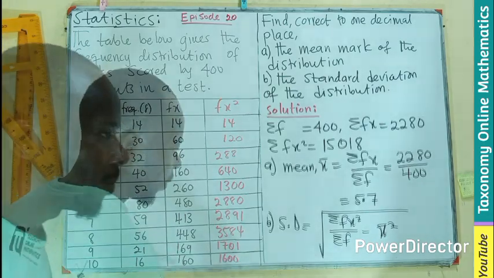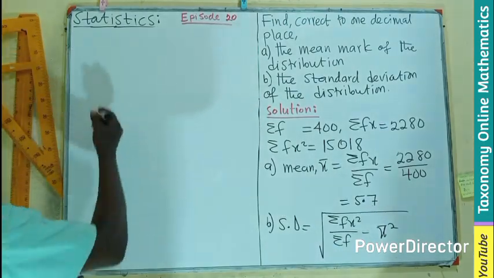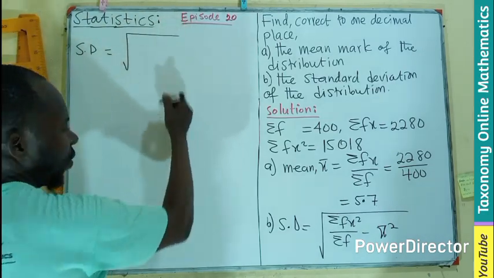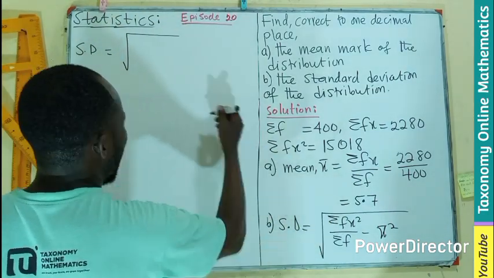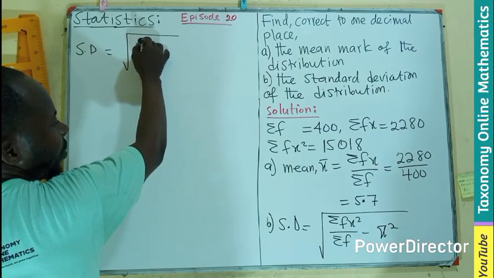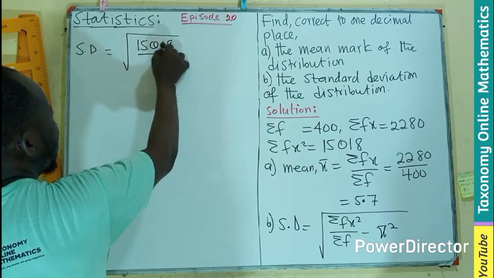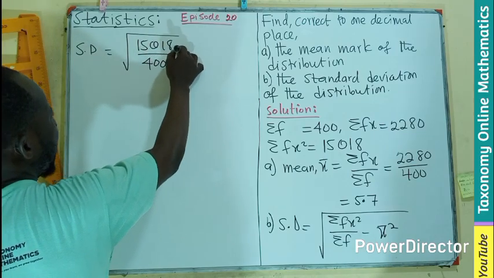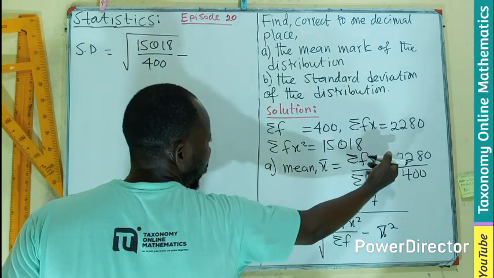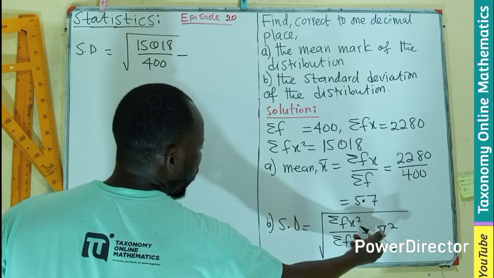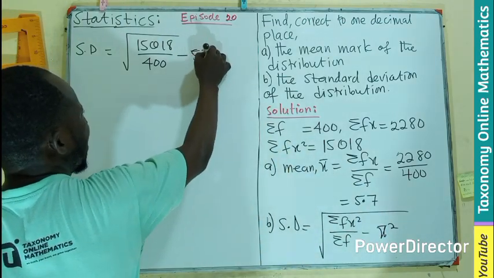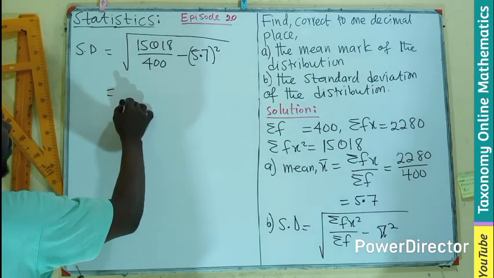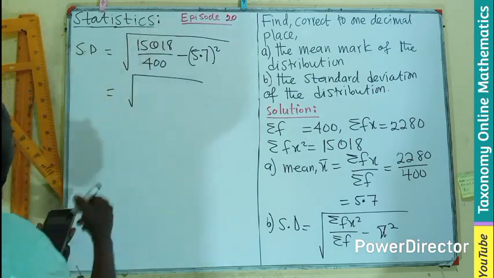Our standard deviation will now be the root of 15018 divided by sigma f, which is 400, minus. We can decide to bring the whole of this square, but already we know it as 5.7 all squared.